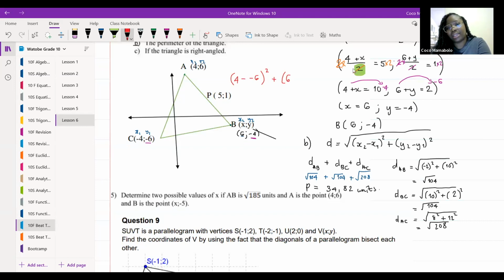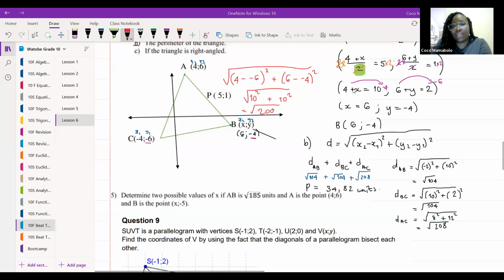Yeah, minus 6 minus negative 4 all squared. 4 minus negative 6 is 4 plus 6, which is 10 squared, plus 6 minus negative 4 is 6 plus 4, which is also 10 squared. The square root of all of that, that's 10 squared plus 10 squared is equal to the square root of 100 plus 100, which is 200.